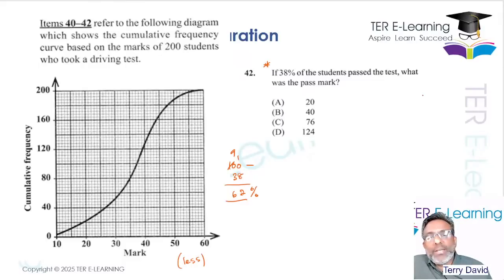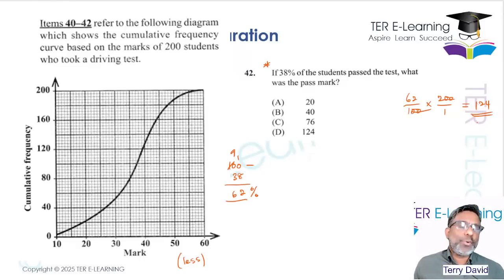Let's see how many students that corresponds to. 62% multiplied by 200 over 1, so that's 6 and 6, 12, so that's 124 students.